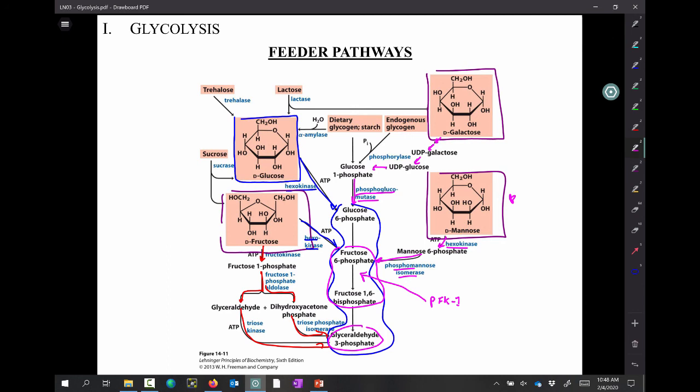Right? So some of the theory in terms of why diets high in fructose might be unhealthy for us is because fructose enters into the glycolytic pathway below regulation steps, and so it's a less regulated metabolic route, and therefore could lead to problems.